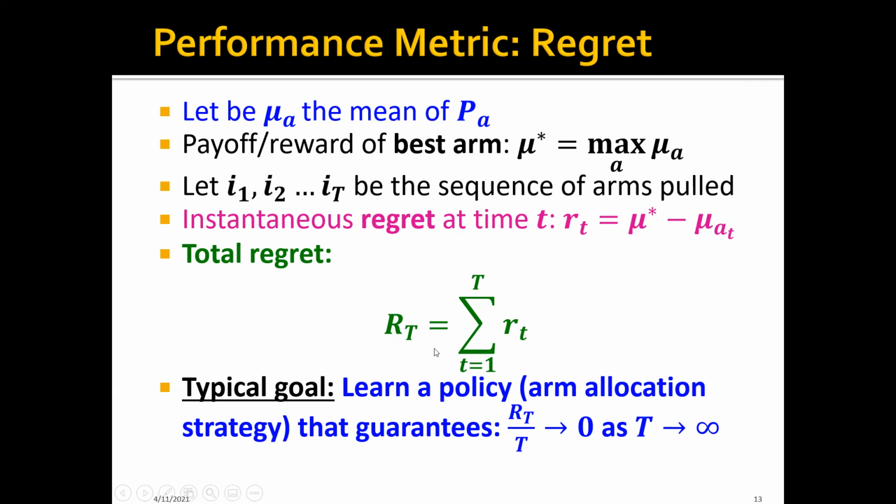Now the typical goal of solving a multi-armed bandit problem is to learn a policy, or more specifically an arm allocation strategy that guarantees the following. We want that this quantity of R_T over T goes to 0 as the capital T goes to infinity. So basically, we want the amortized or the average regret to go to 0 as this experiment goes on forever.